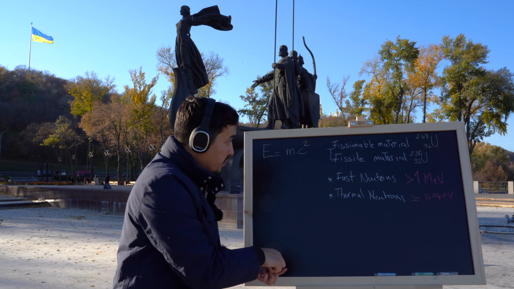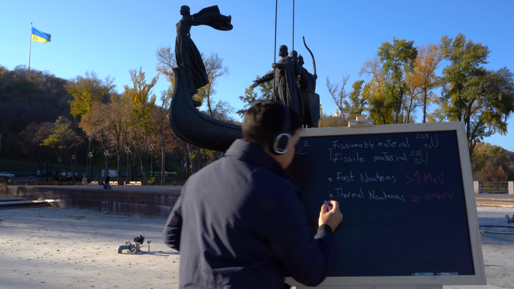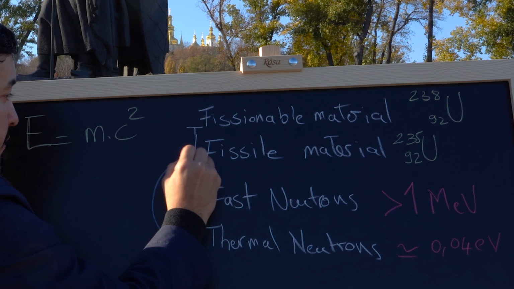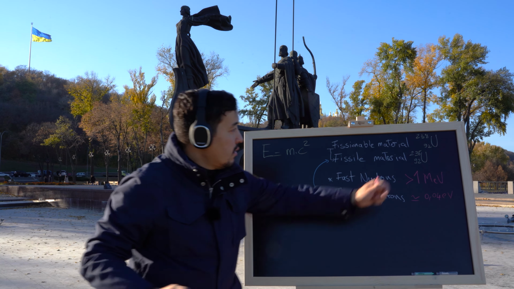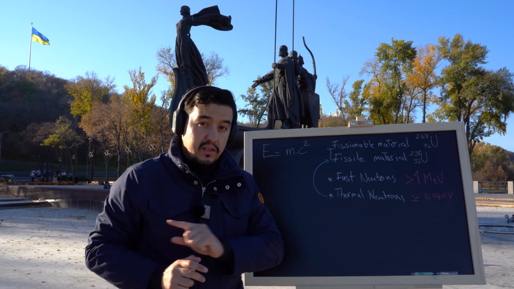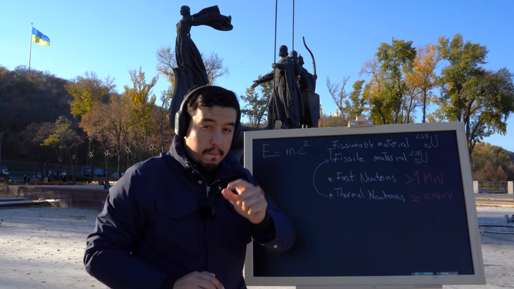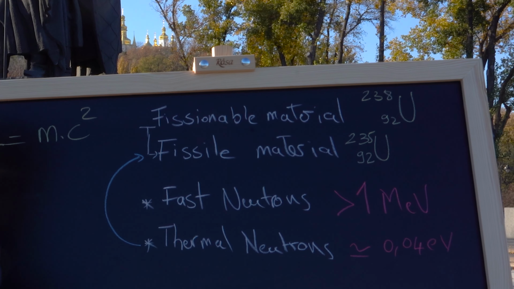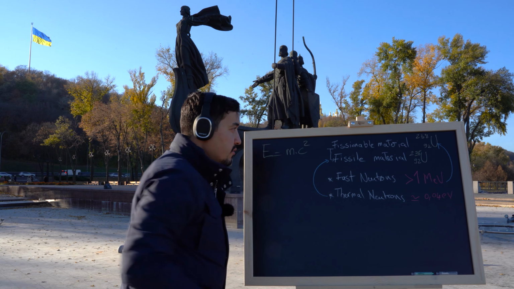So if you want to split what we consider the fissile material, you gotta send them thermal neutrons. If you want to split uranium-238, that is only in the fissionable material, it does not qualify for the private club of fissile material. This one will need a very fast neutron.